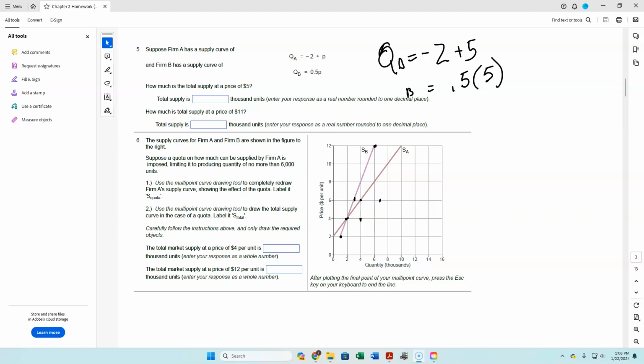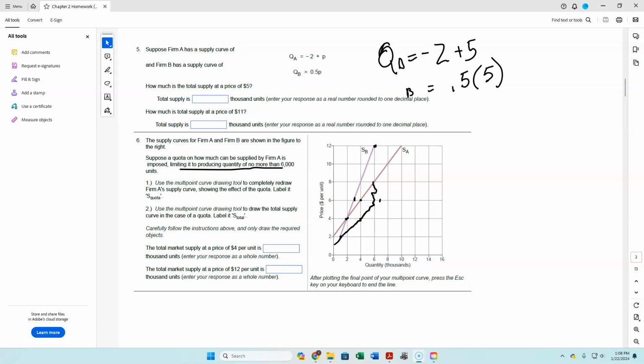But now, it's not 6 and 10, because we're told here that they can produce no more than 6,000 units. So in essence, what we see here is supposed to be a straight line.